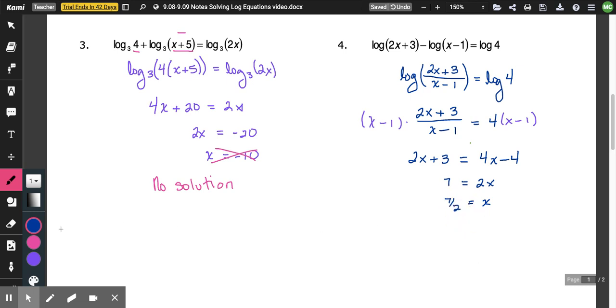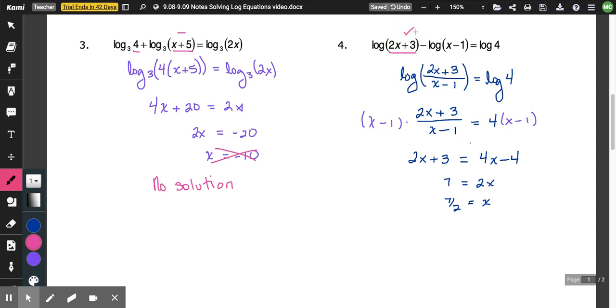Lastly, before I can declare this a solution, I have to check to see if it is actually a solution. So if I take 7/2 and put it back in place of x, I want to make sure that it does not make any of the arguments something that is not positive. If I put 7/2 in here, 7/2 times 2 is a positive number, and if I add to that, it's still going to be positive.